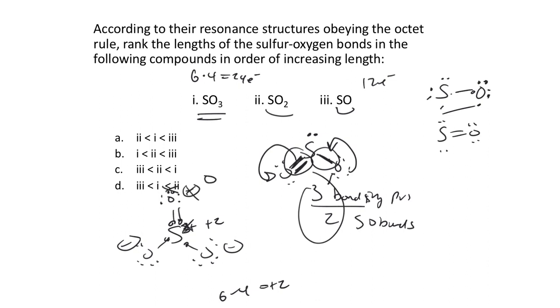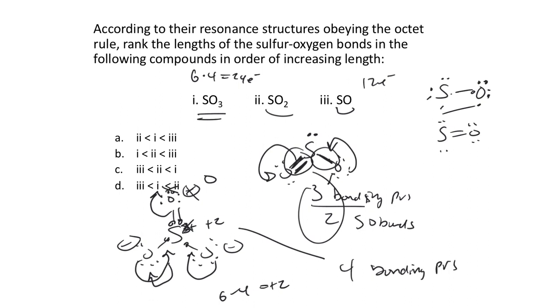And so then here what we have is the resonance over to here, and then the resonance over to here. So we have 4 total bonding pairs, spread across the 3 SO bonds.